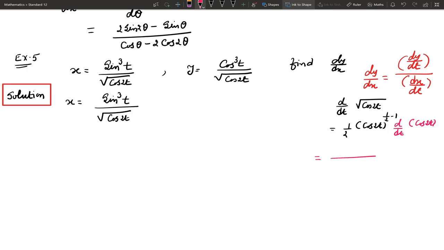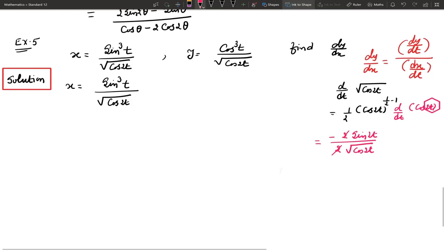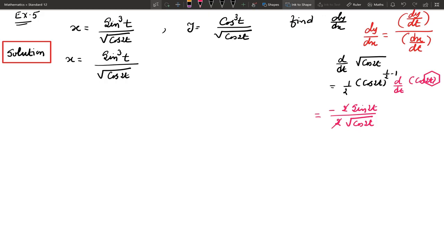So 1/2 into 2 cancel, the power is minus 1/2, so 1 upon root cos 2t, derivative of cos 2t is minus sin 2t, into by chain rule d by dt of 2t, that is 2. So the derivative is minus sin 2t upon root cos 2t.